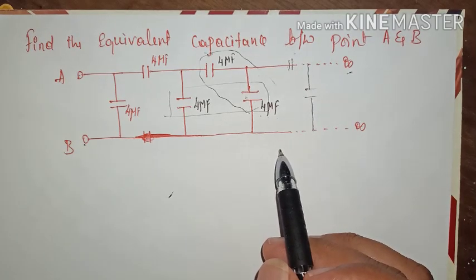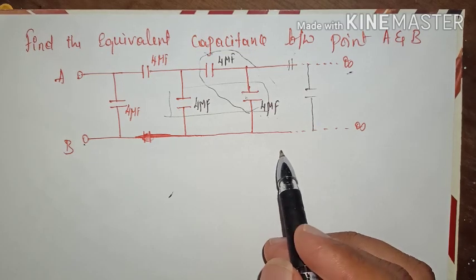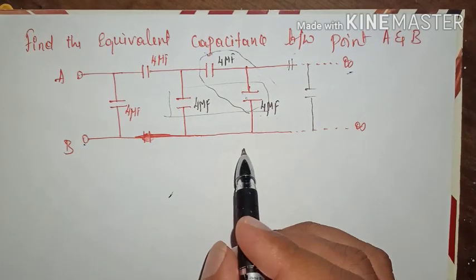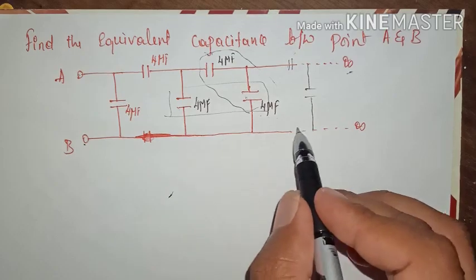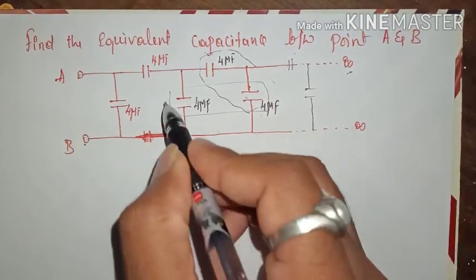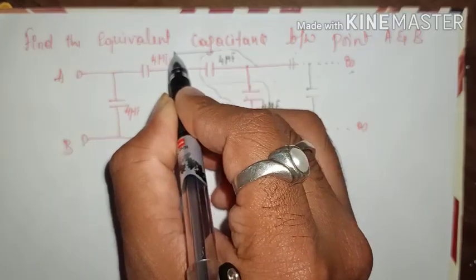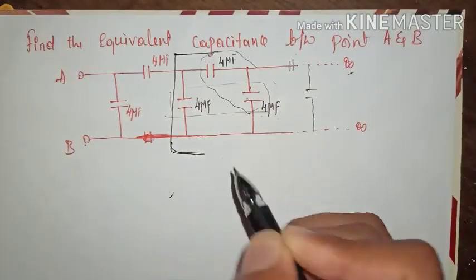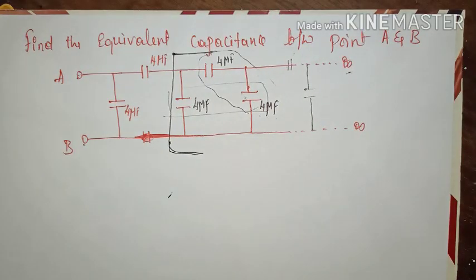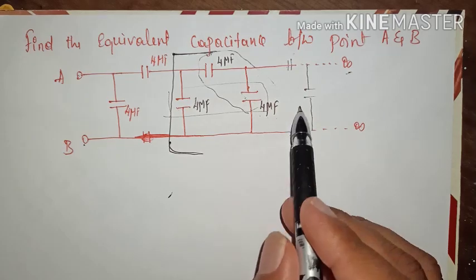First, in this circuit diagram you can observe that there are so many circuits. You must know that if it ends, you take the values from the last point or further point. Now it is infinity, no?